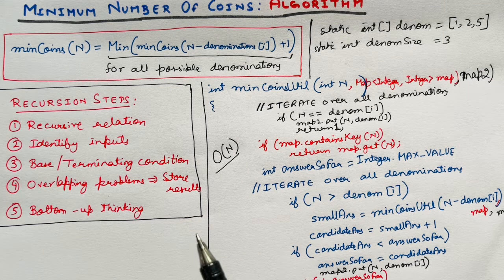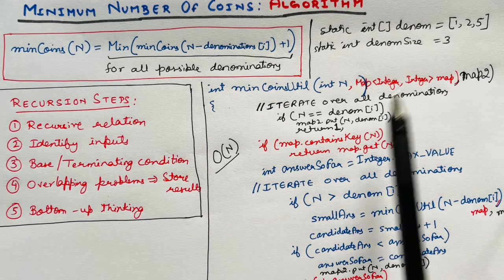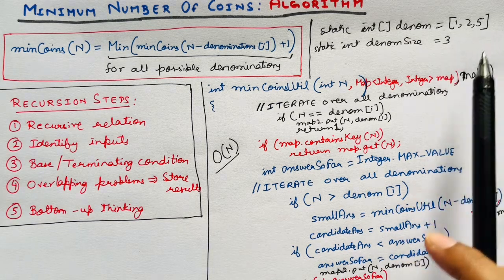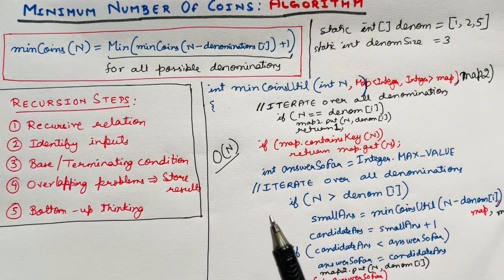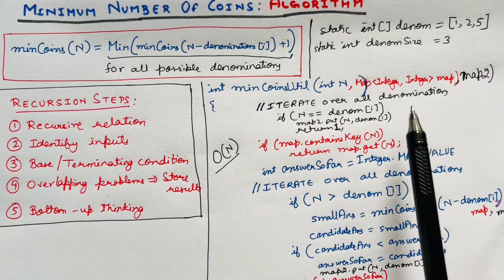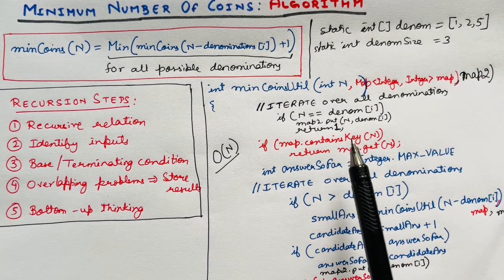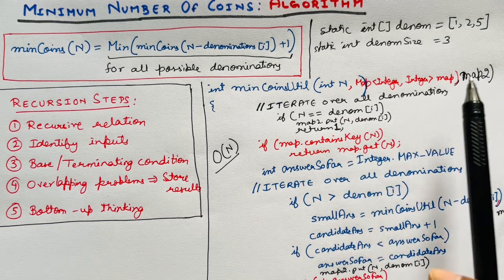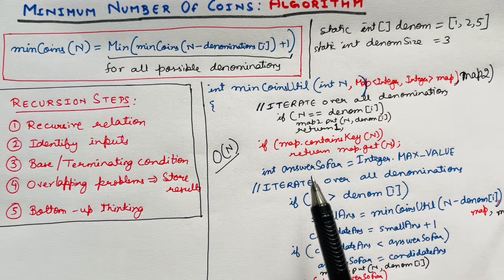Now the base or terminating condition corresponds to that input for which we readily know the answer. Now what is such input? That input will be n equal to any of these denominations' value. Because if n equals any of these denominations' value, then we know we just need to pick that denomination coin and minimum coins used will be 1. So that was the base condition.